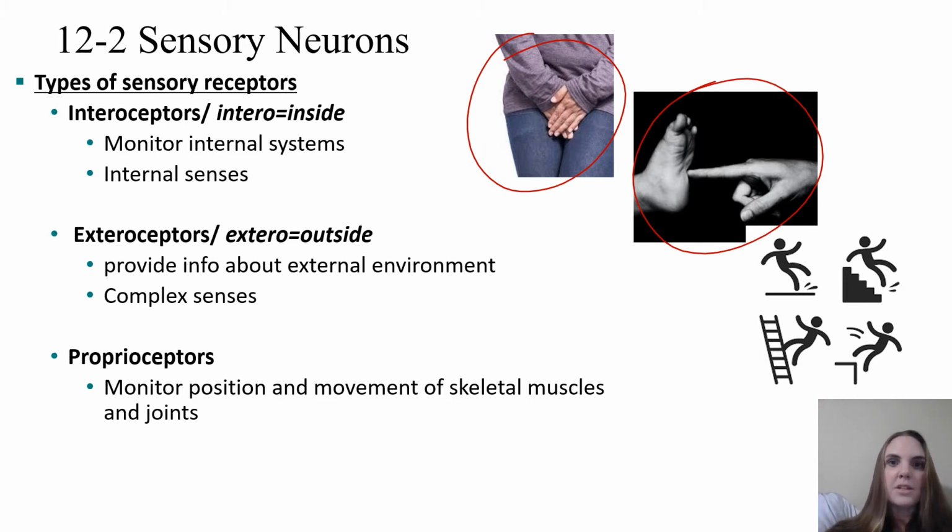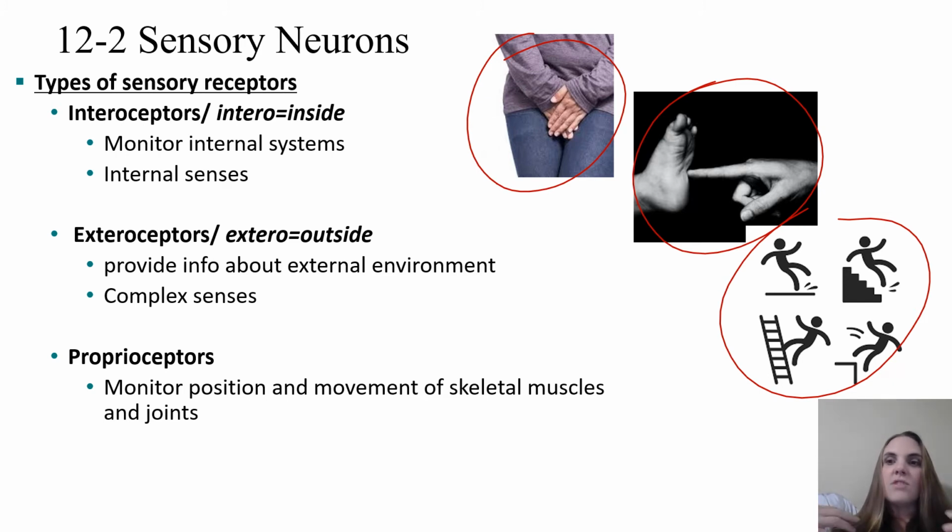Then we have proprioceptors, and proprioceptors monitor our position and movement of our skeletal muscles and joints in relation to the world around us. So they sense where our body is and how our body is moving in relation to things around us.